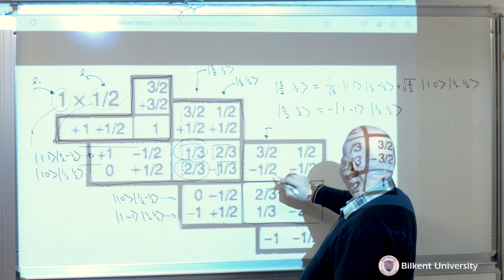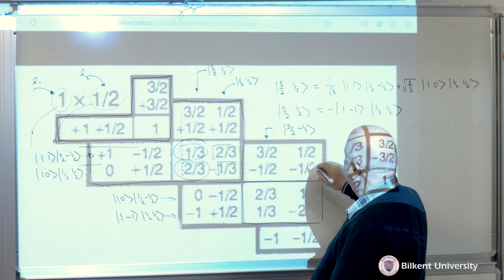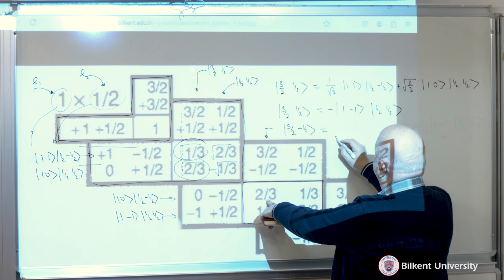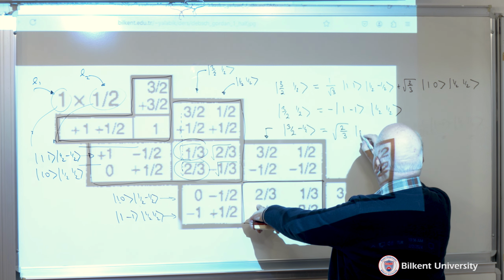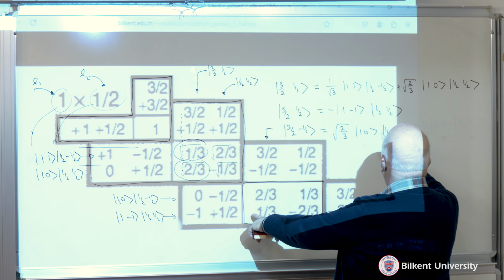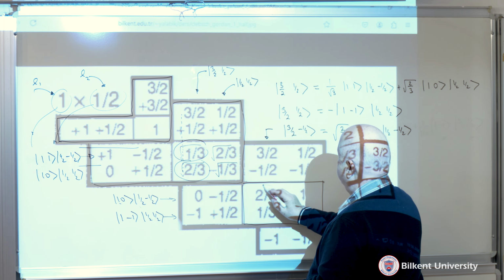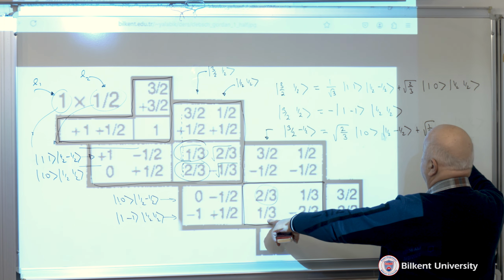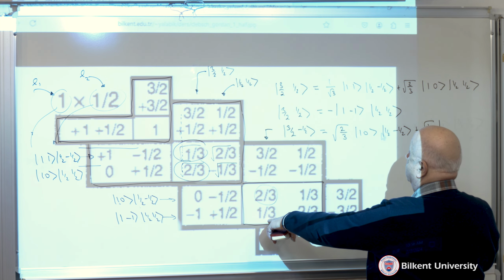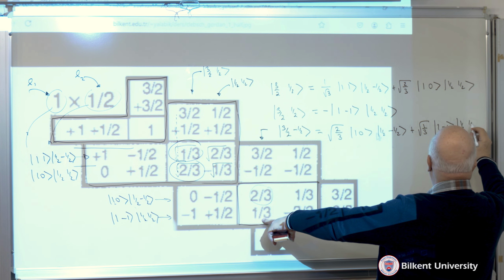This line tells me 3 over 2 minus a half is equal to square root of 2 over 3, 1, 0, 1/2 minus a half, and then plus 1 over root 3, 1 minus 1, and 1/2.